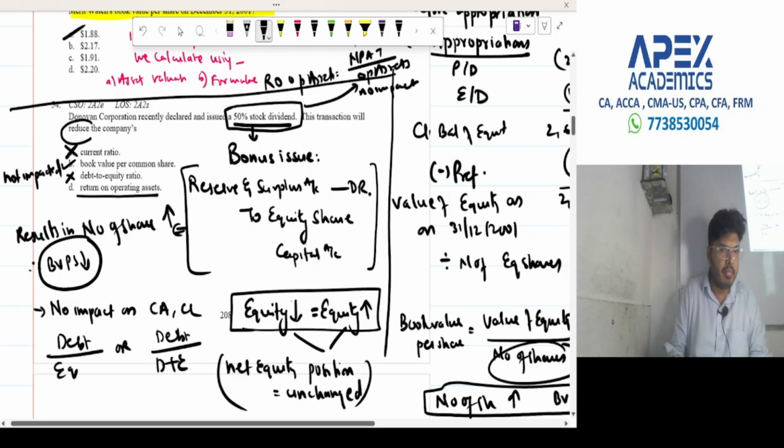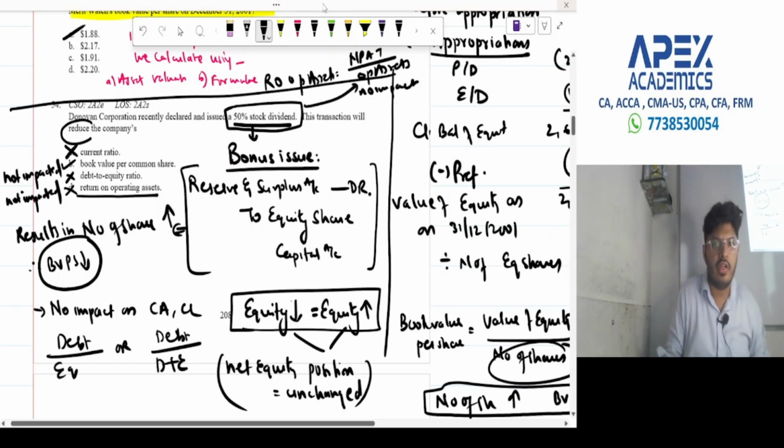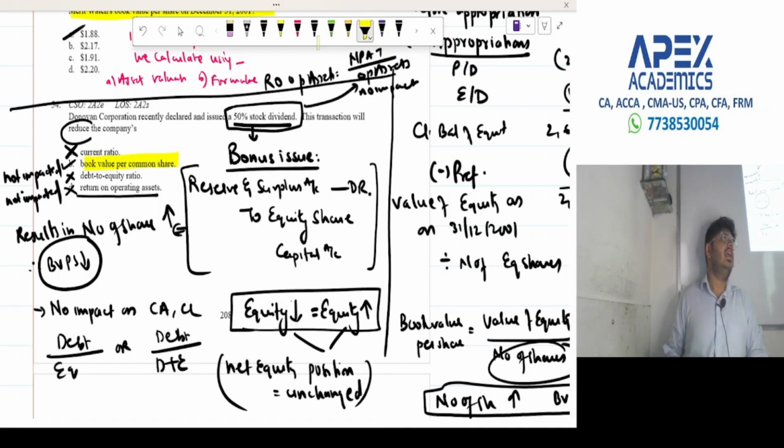Therefore, return on operating assets is also not impacted. Do I make myself clear? Therefore, what is impacted? Therefore, sir, only book value per common share, that is book value per equity share, is impacted. Do I make myself clear? 100%. Yes or no? Please tell me that. Clear? This is question number 54.